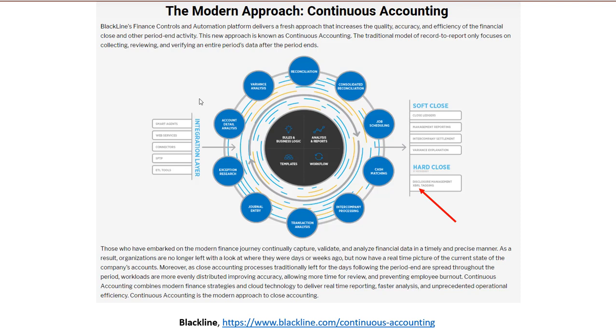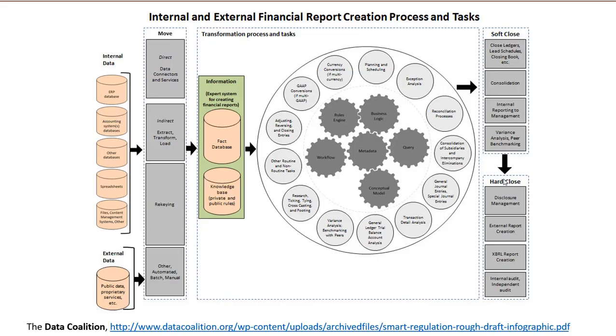But so this graphic, I basically took the ideas from it and created my own graphic that provides this in a little bit more detail. And what I'm showing here is that on the left, you see the data of an organization. It comes from ERP databases, accounting system databases, spreadsheets, content management systems, and sometimes public data.